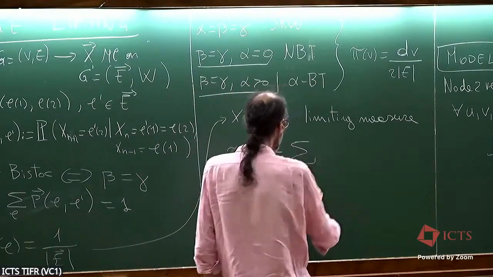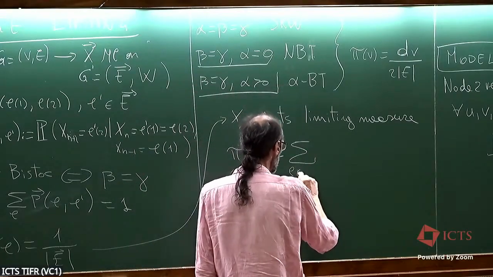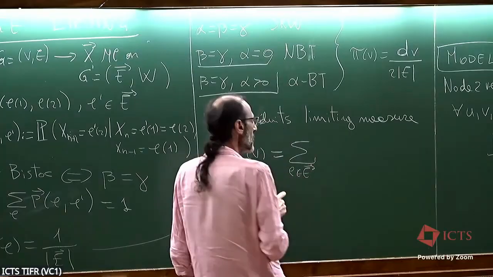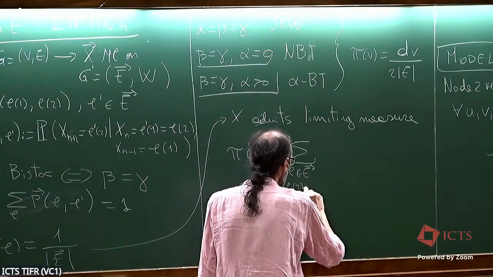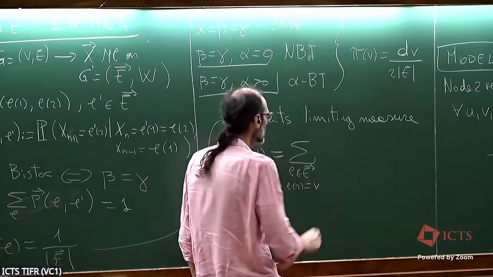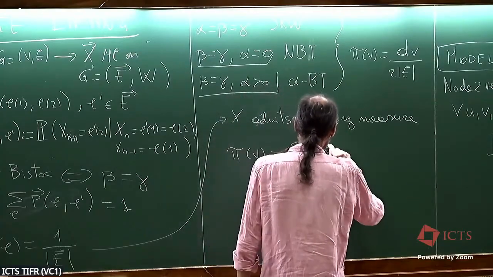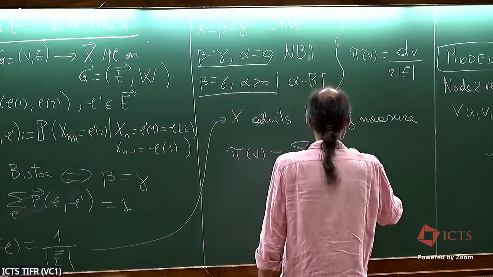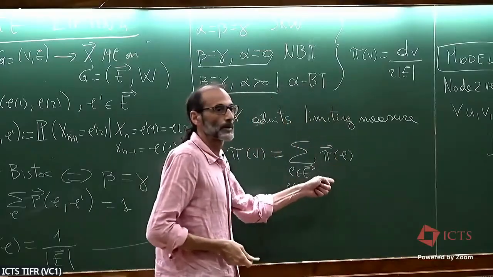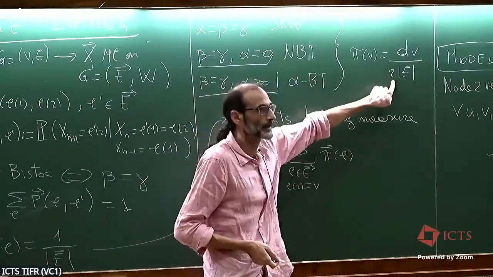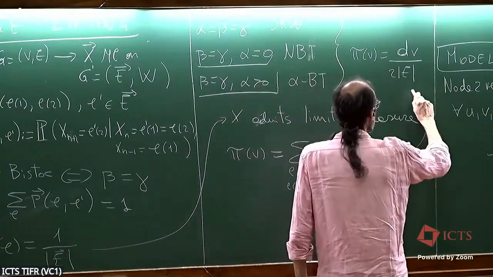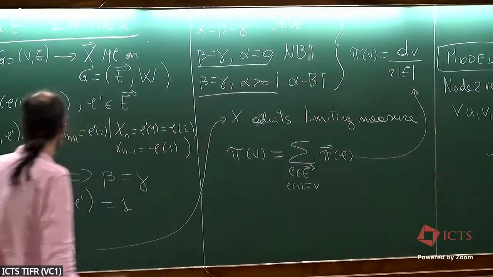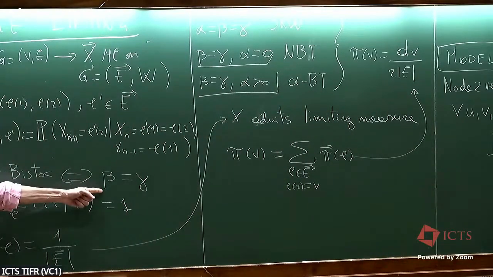Namely, the sum over all edges in the directed edge space whose ending point, E2, is equal to V, of this pi hat of E. Now, if you count it down, this turns out to be simply the degree-biased distribution. So this is true if and only if beta is equal to gamma.